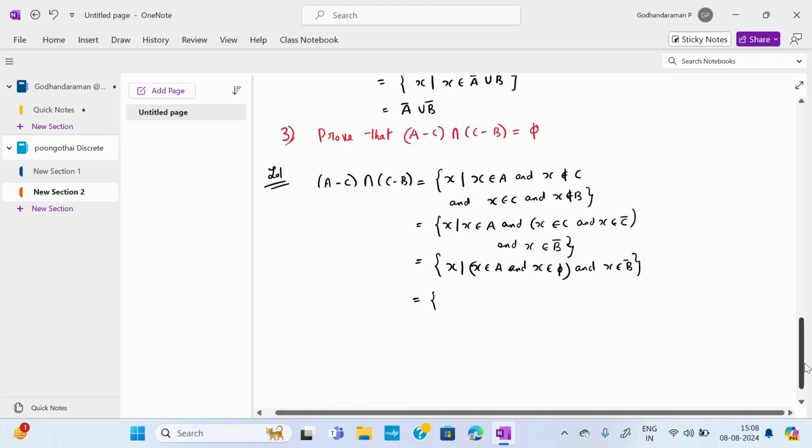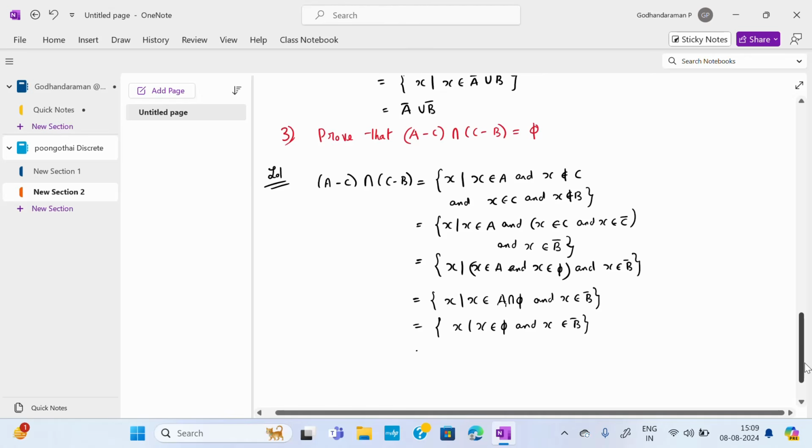Set of all x such that x belongs to A and x belongs to phi is x belongs to A intersection phi. Now A intersection phi is nothing but the empty set. So I can write x belongs to phi and x belongs to B bar.